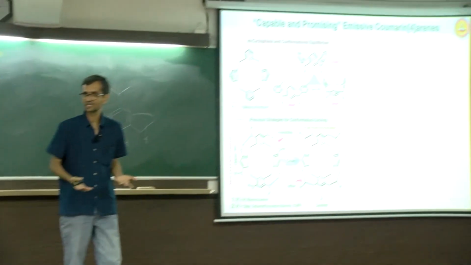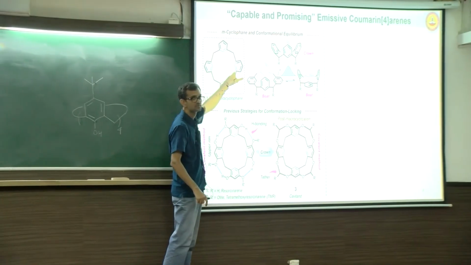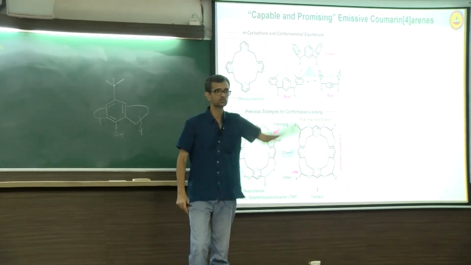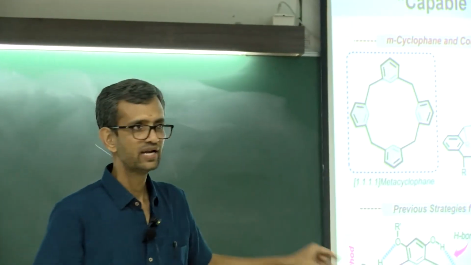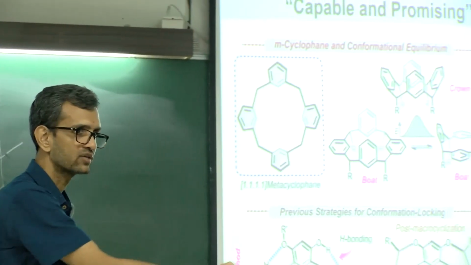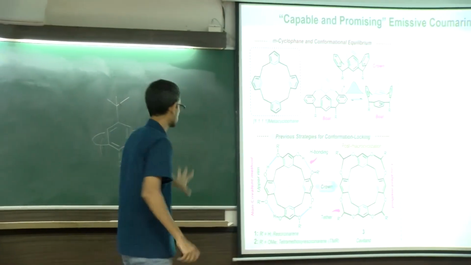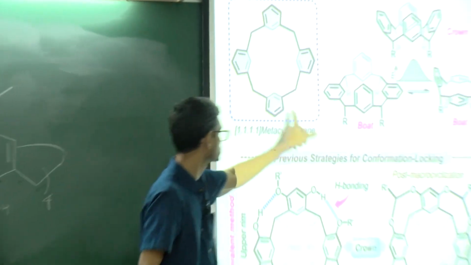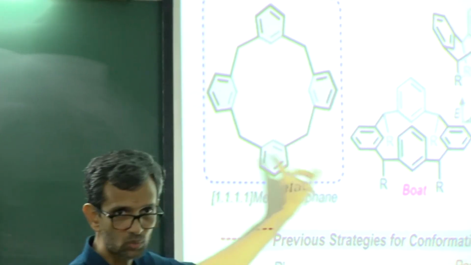If it is calixarene, you had hydroxy groups pointing inwards with the tertiary butyl groups on the para position. That was the arrangement. Now here there are no hydrogen bonding units present in this skeleton. So it is called metacyclophane because you connected these benzene rings at the meta position, 1 and 3 positions.